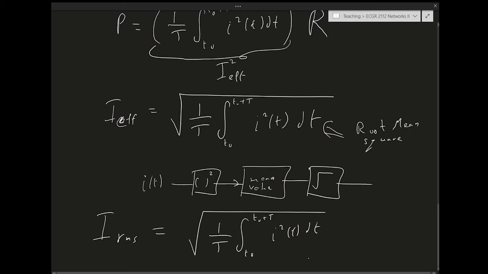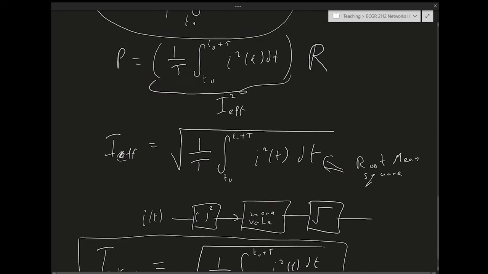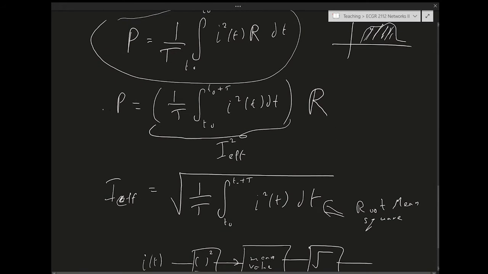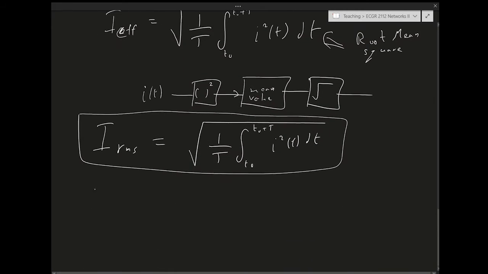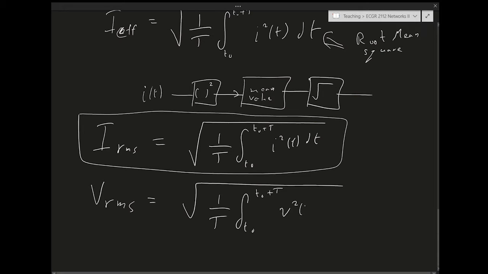Right? And this is the same also for the VRMS, because I could get back the P formula and plug in V squared over R and take 1 over R out, and I'll get the same value for the effective voltage. So the effective voltage, which I can call VRMS, is also the square root of 1 over T, integral from T0 to T0 plus T of v squared dt.